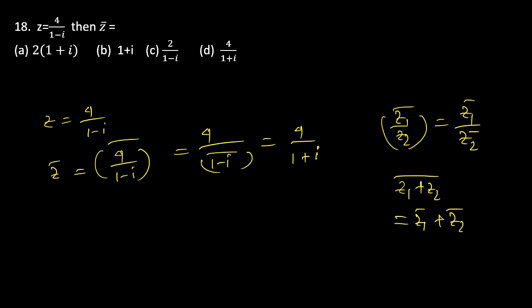So we get 1 plus i, so 4 by 1 plus i. So option D is correct.